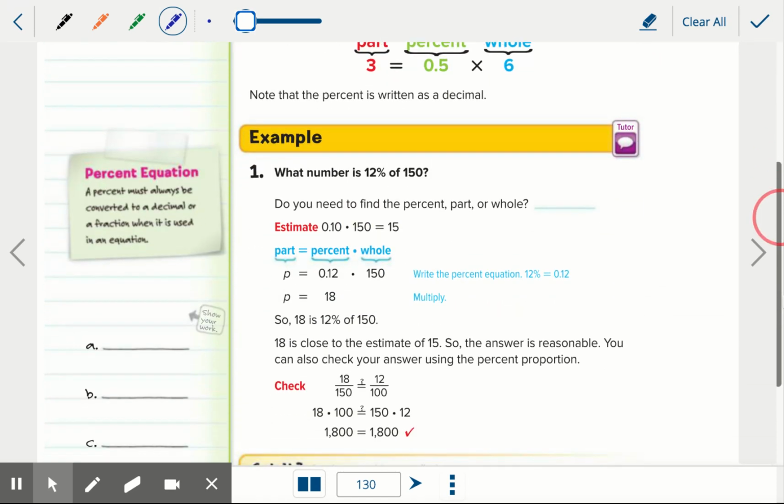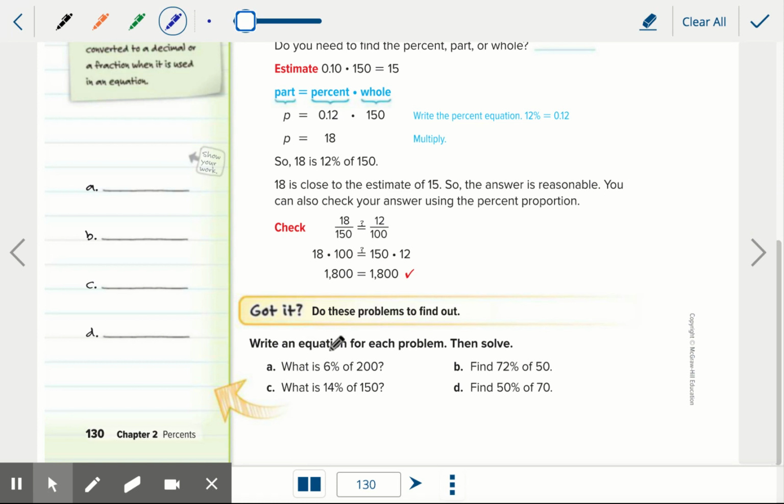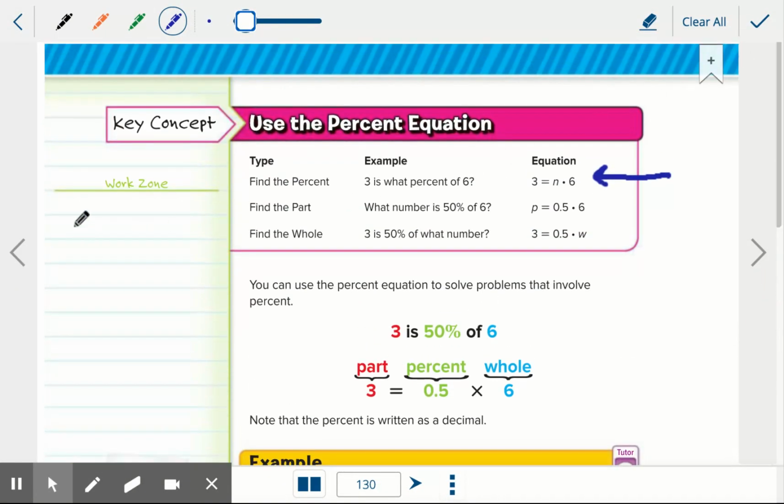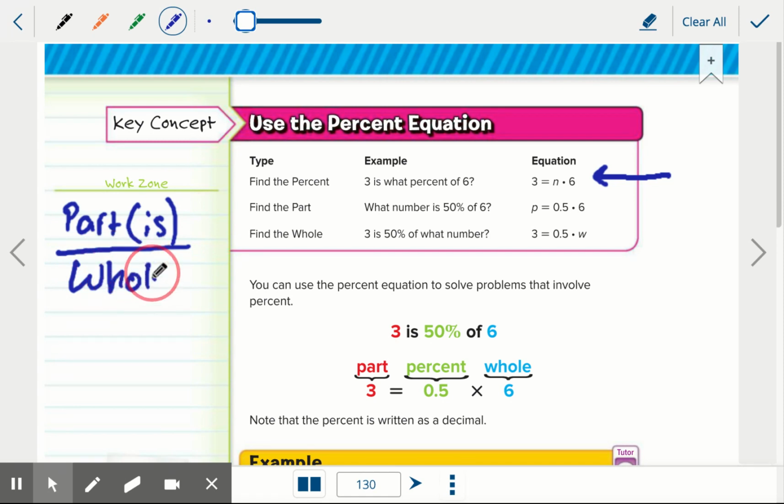So let's go down. We're actually going to skip to these example problems. It says, what is 6% of 200? The first thing we have to look at is, and I'm sorry, I forgot to mention up here, if you remember when we did our percent proportion, the part was the same thing as the is, and the whole was the same thing as the of.